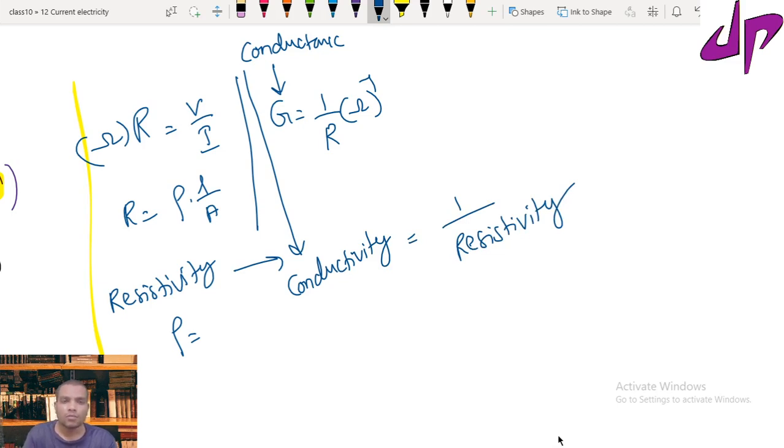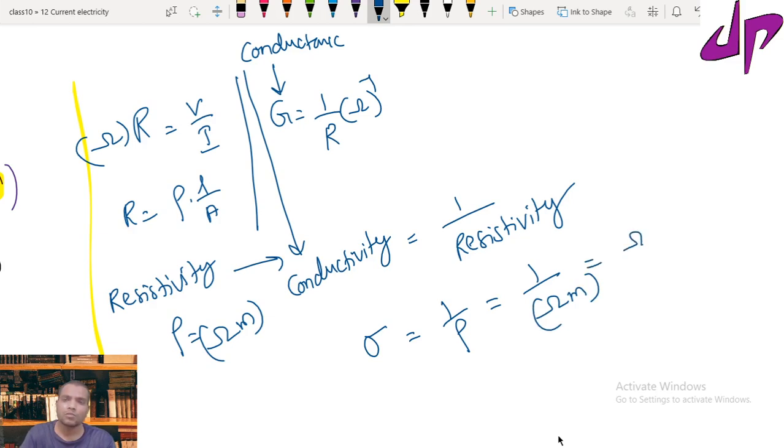In symbolic form, conductivity we represent as sigma, sigma equal to 1 over rho. The units of resistivity are ohm meters, so taking it to the numerator, it becomes ohm meter inverse, the whole inverse.